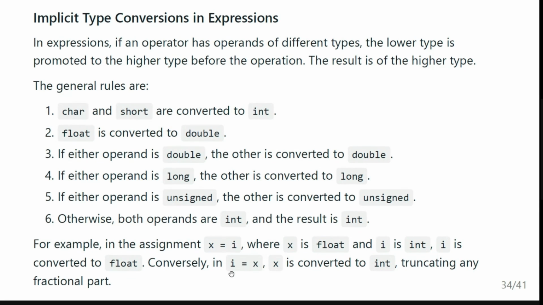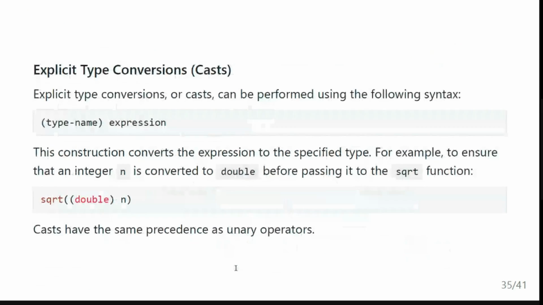But if you do it the other way around, it will be converted to an integer because you are assigning a floating point into your integer. That means you will lose some information from this floating point, so it might cause some problems. But you could also potentially use that to get rid of the decimal points. It depends on whether you do that intentionally or not.